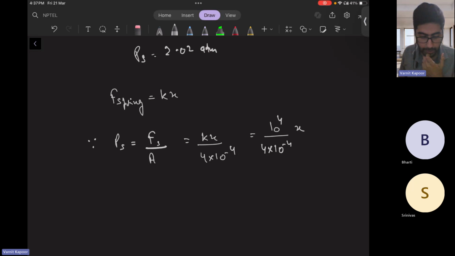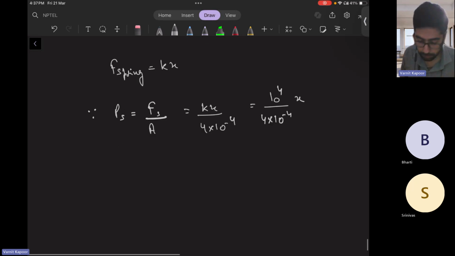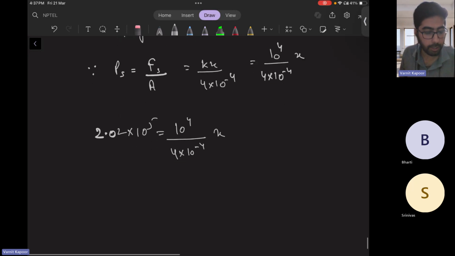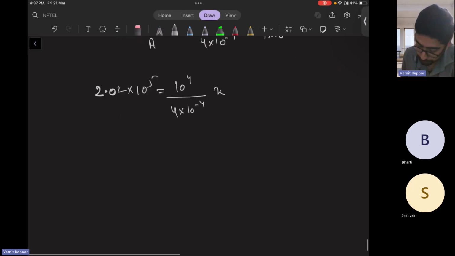You don't know x. PS, you know, is 2.02 times 10 to the power of 5, equal to 10 to the power of 4 times x divided by 4 times 10 to the power of minus 4. So x comes out to be 8.08 times 10 to the power of minus 5 meters.